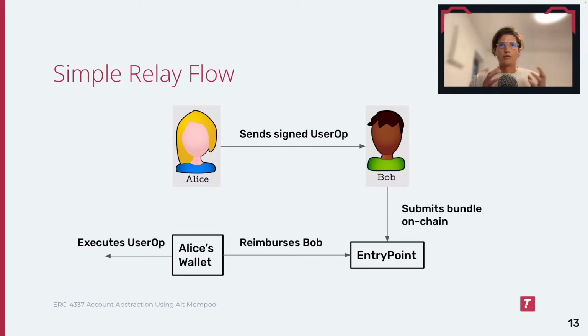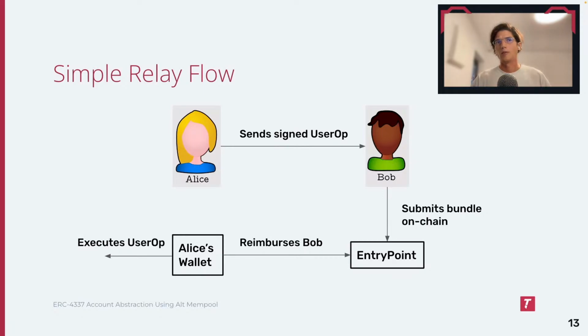So why would we even want this in the first place? Why can't Alice immediately send a user op herself? Well, in this case, we don't want to make any assumptions on Alice perhaps containing a private key. Inside of Alice's wallet, there could be arbitrary logic for verifying that this is a valid transaction.